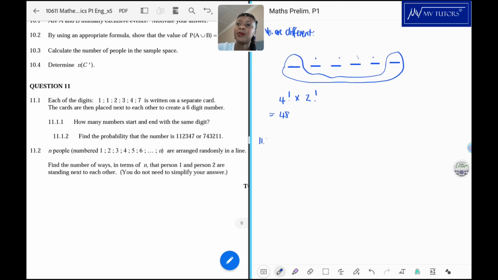So, 11.1.2: find the probability that the number is 112347 or 743211. So how are we going to do that?